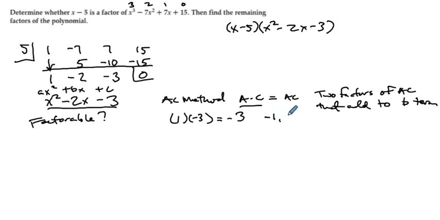You could have -1 and +3, and that multiplies to -3 and adds to +2. The other case would be if I make my 1 positive and my 3 negative. That does multiply to -3, so they're a factor pair, and this one adds to -2, which is what we want. So we're going to use these.